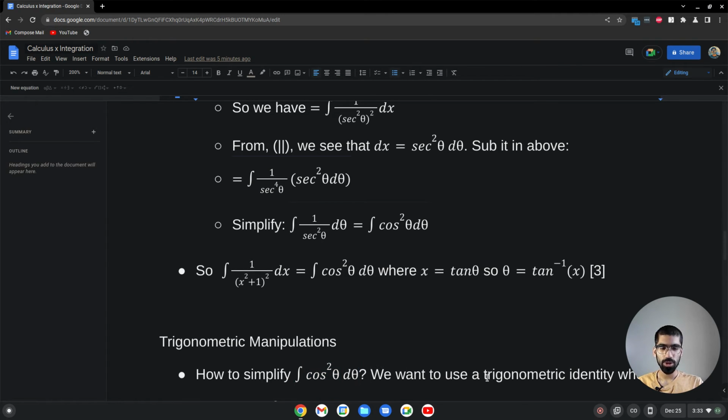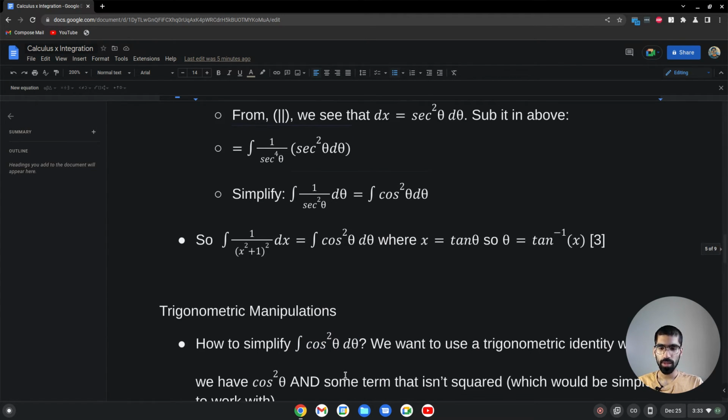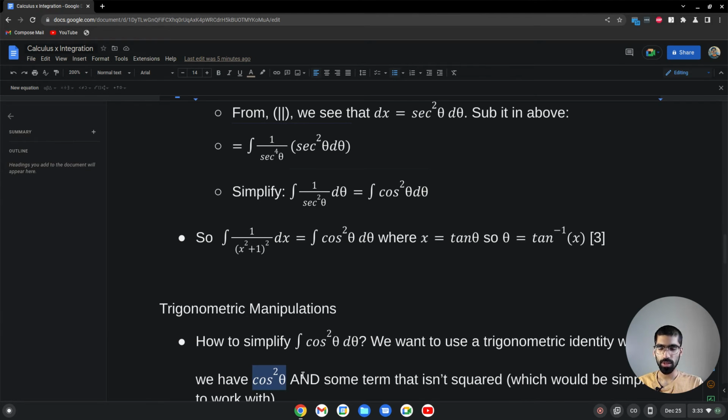We want a trigonometric identity that has cosine squared theta equal to some other thing, which is just cosine of something, not cosine squared. If we can get that, then we can take that equation, isolate for cosine squared of theta on one side, and then just have cosine of something on the other side, not squared.